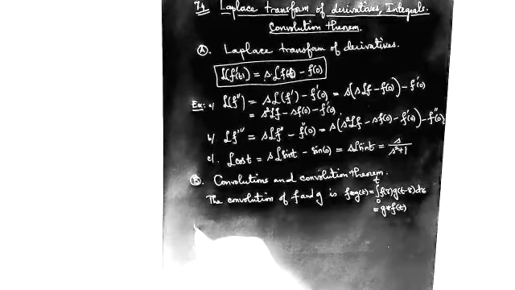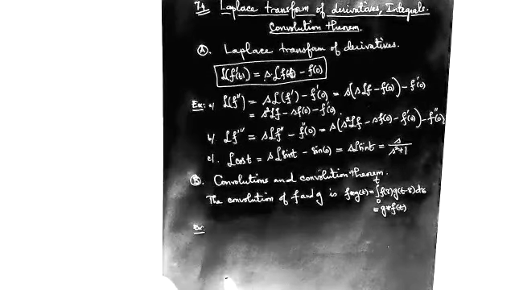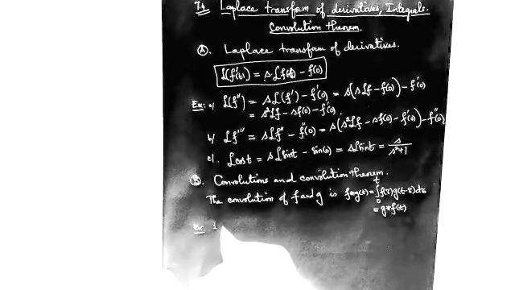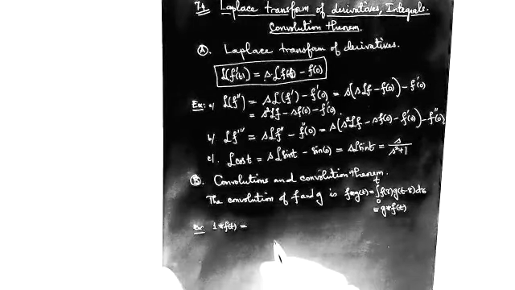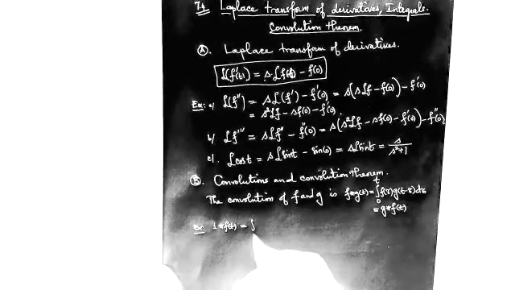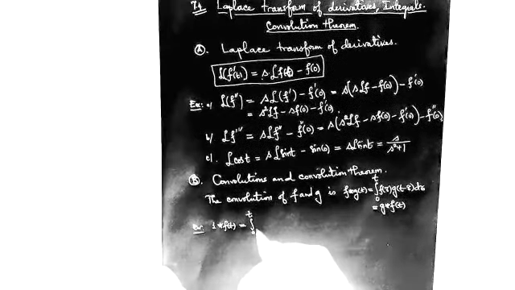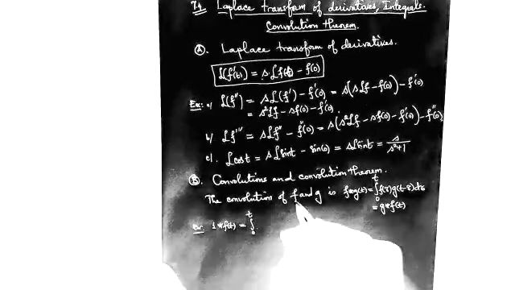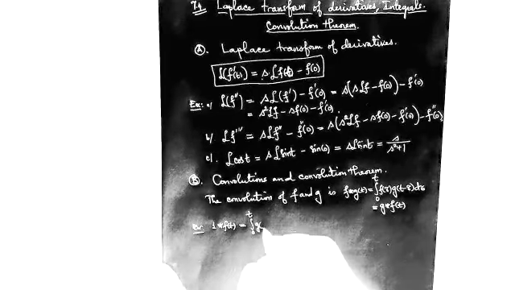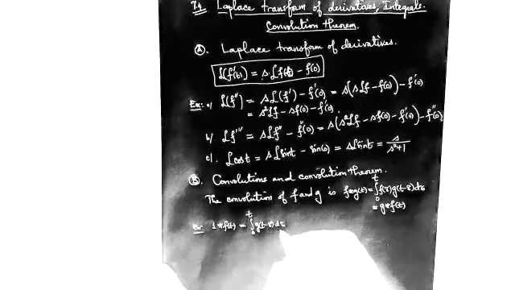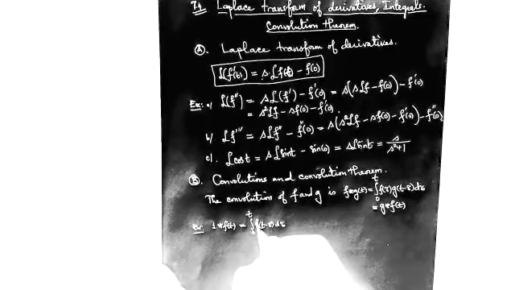And as an example, you can have that 1 star f of t, for any function f of t, is the integral from 0 to t of 1 at tau is 1, g of t minus tau d tau, which is here for f, sorry.